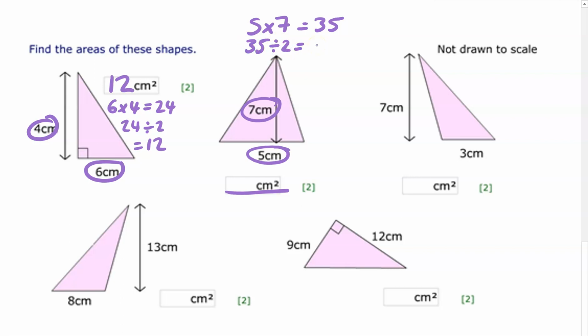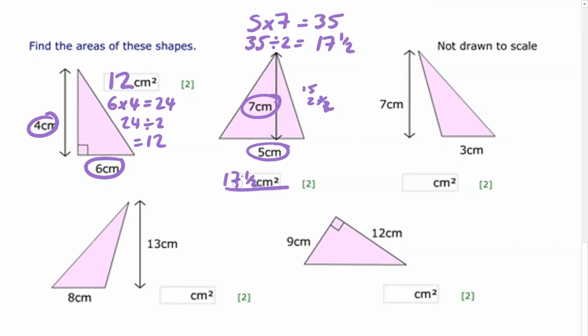Half of 30 is 15, half of 5 is 2.5, so that's 17 and a half. So 17.5 centimetres squared.